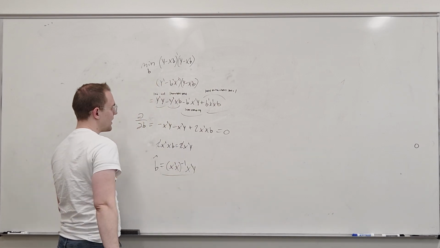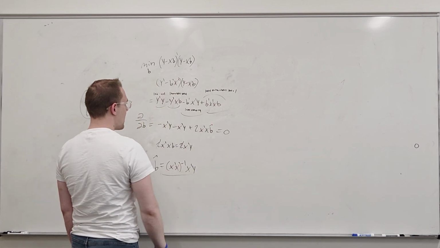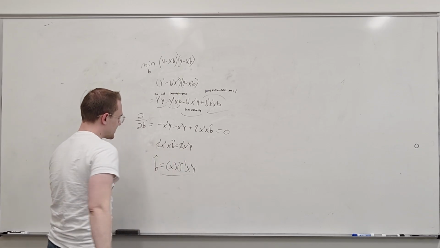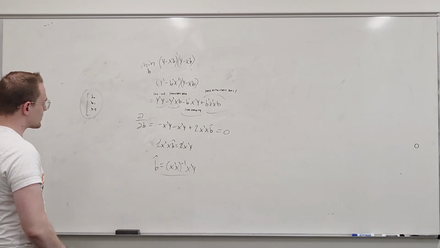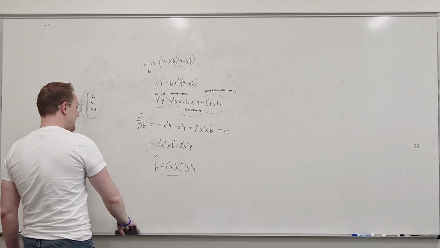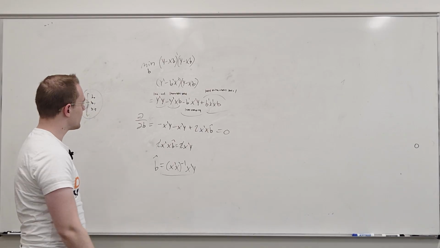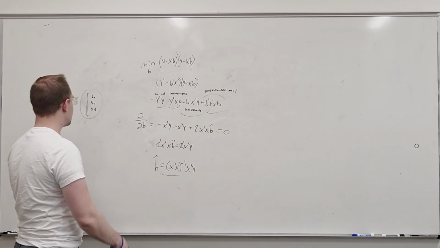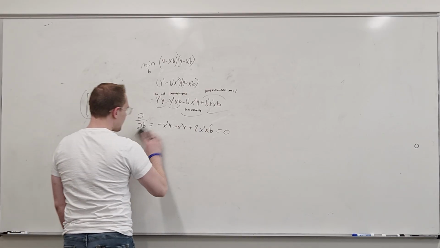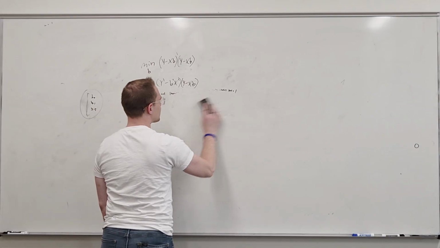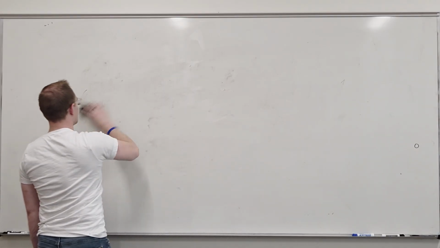Boom, and this is our beta hat. I should have put it on there from the beginning. We set it equal to 0. Okay, so it's not too bad. A little funky matrix stuff going on, but that's essentially how you do that. And it's pretty good for not really knowing any matrix algebra before this class.